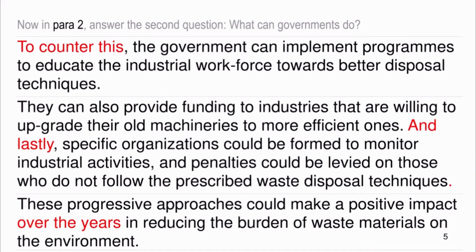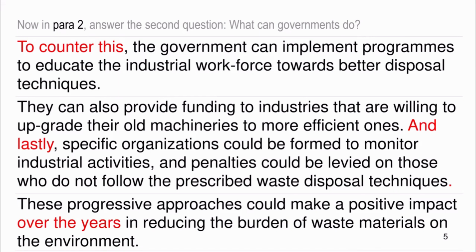Now in para 2, answer the second question. What can governments do? To counter this, the government can implement programs to educate the industrial workforce towards better disposal techniques. They can also provide funding to industries that are willing to upgrade their old machineries to more efficient ones.